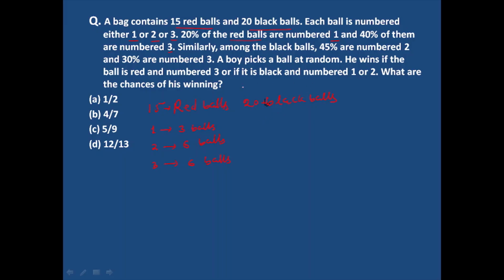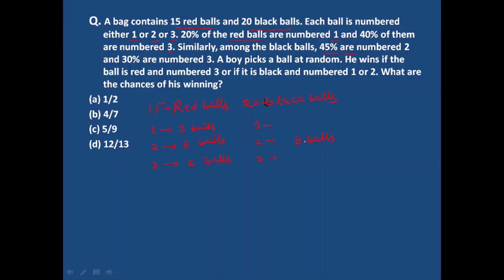Out of these 20 black balls, 45% are number 2. So 45% of the black balls are number 2. So 45% of 20 will be 9 balls.